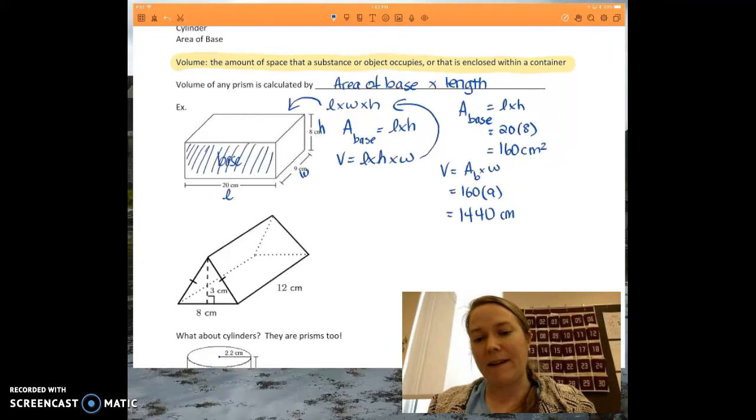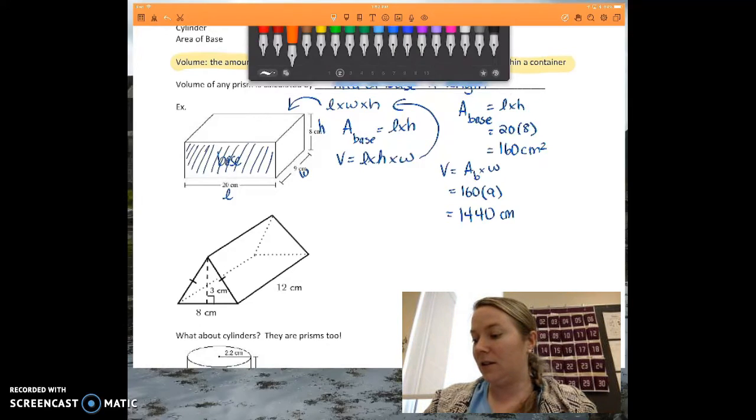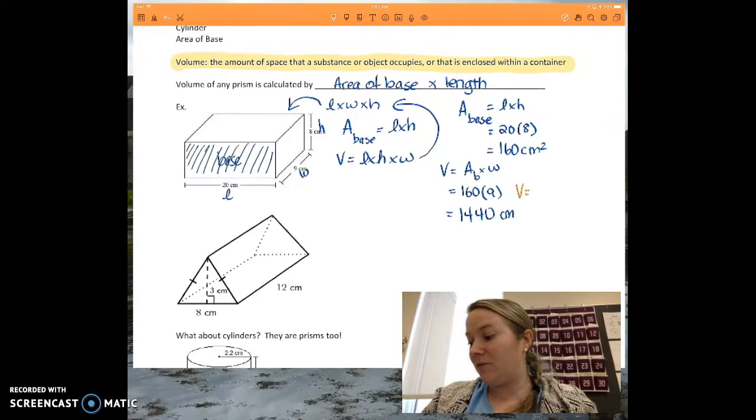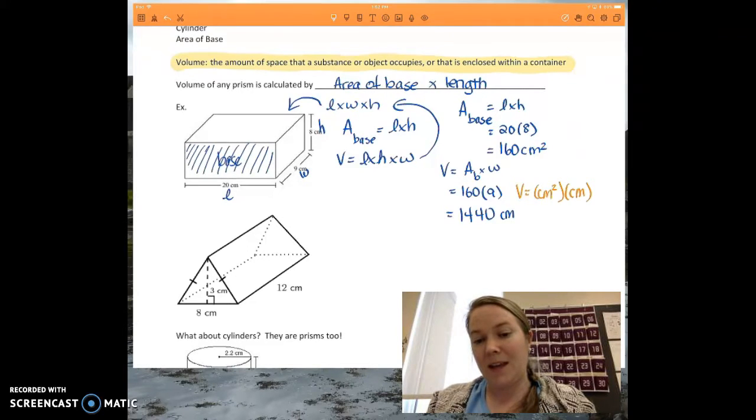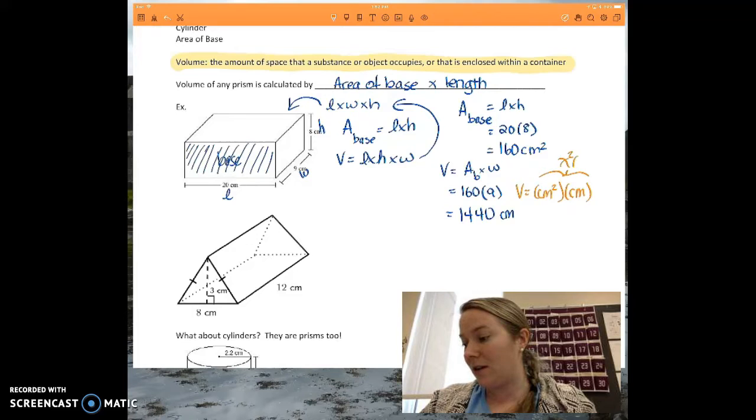If the area is two-dimensional, what is the volume? I've multiplied centimeters squared. Let's do the units over here in another color. So what I've done is volume is the area of the base is centimeters squared, and I've multiplied it by another centimeters. Now pretend that's x. x squared times x.